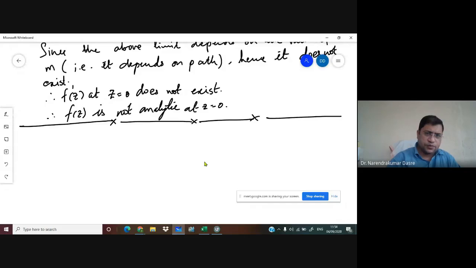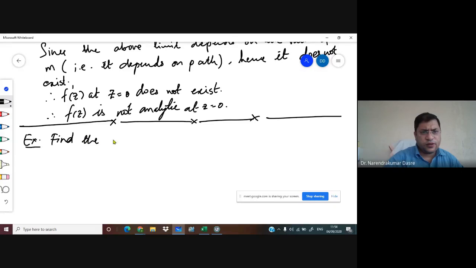Okay. Let us see another example. So this is an example based on the CR equation.